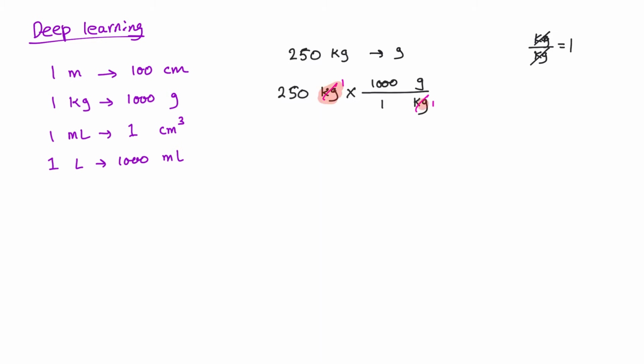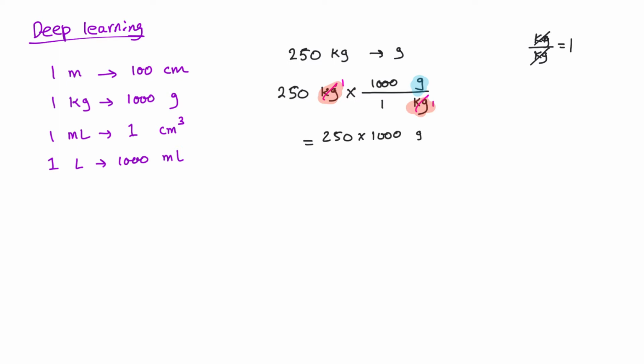So if I remove these, and in terms of units, I'm only left with this, this is the same as writing 250 times 1. Notice that the kilogram has canceled to 1. I don't have to write 1 whenever I'm multiplying things by it. Multiply it by 1,000 grams.